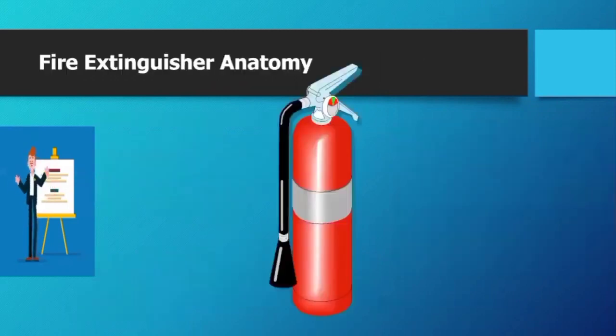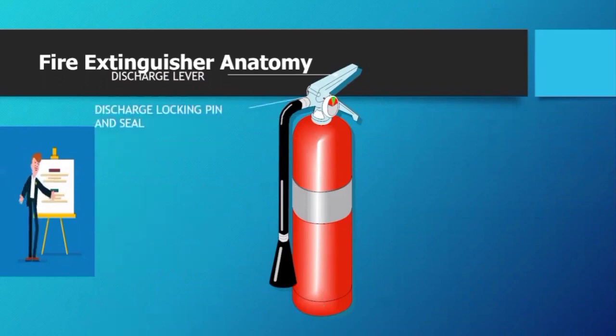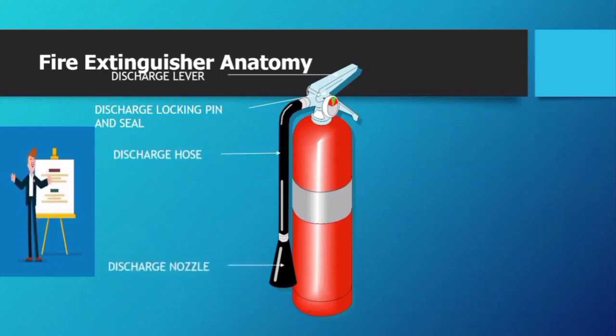so here are the parts of the fire extinguisher. That is the discharge lever, and then this is the discharge locking pin and seal. This is the discharge hose. That is the discharge nozzle. That is the discharge orifice.